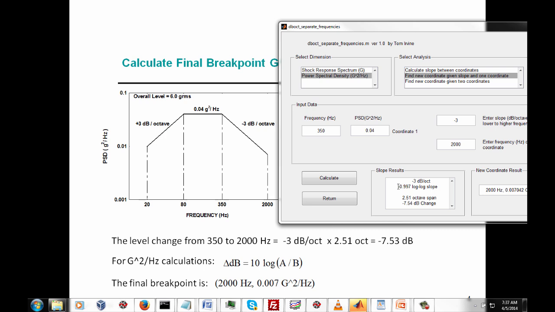It would just be an angle sloping downwards at -45 degrees in that case. And then these numbers correspond to what we've already calculated, the octave span and the dB change.